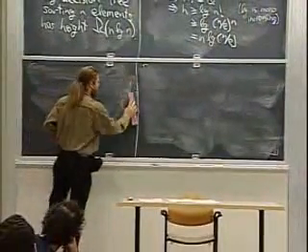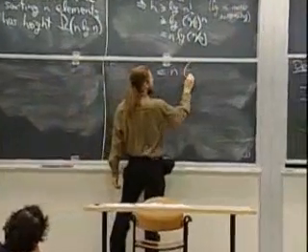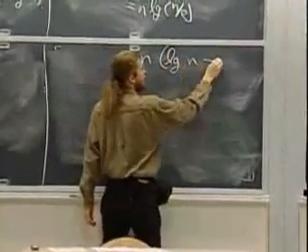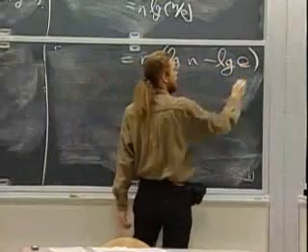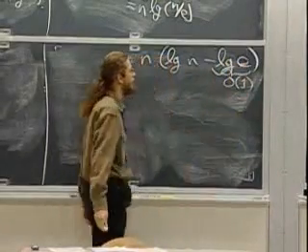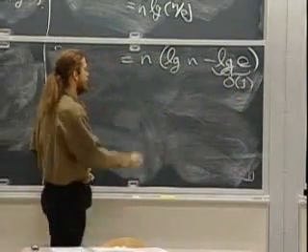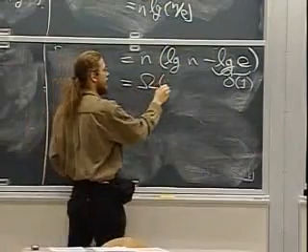That's just log n minus log e. So this is n log n minus log e. Log e is a constant, so it's really tiny compared to this log n, which is growing with n. So this is omega n log n.